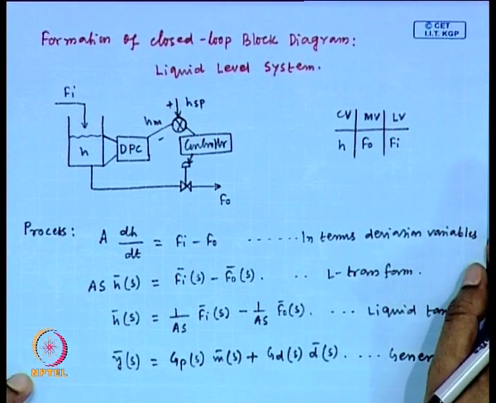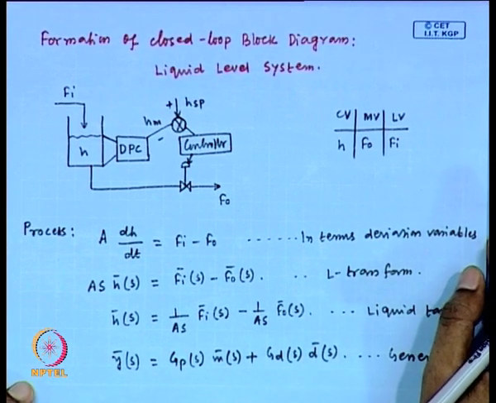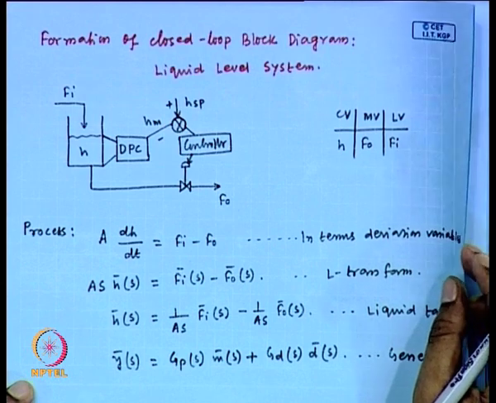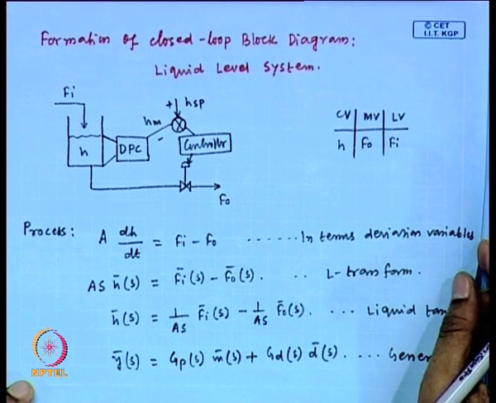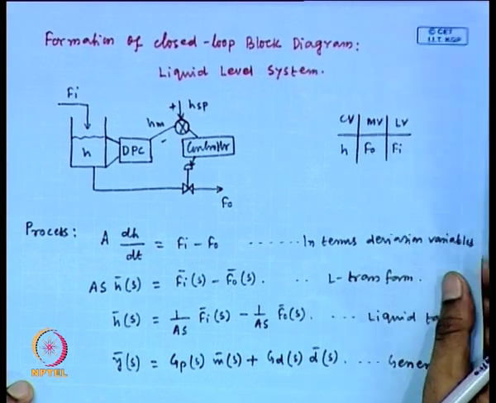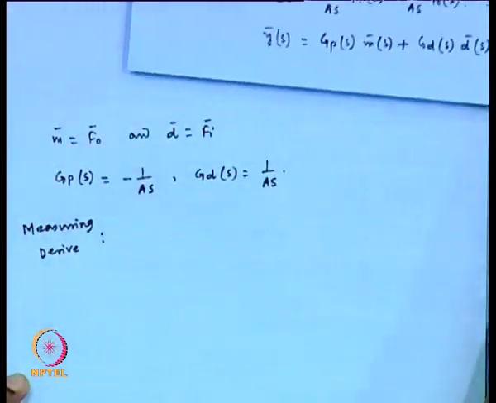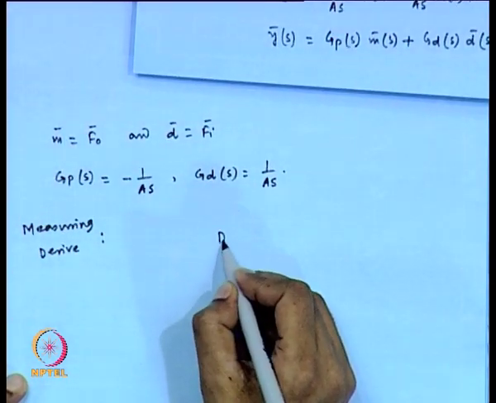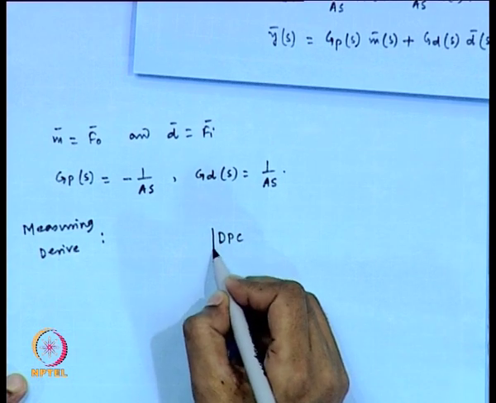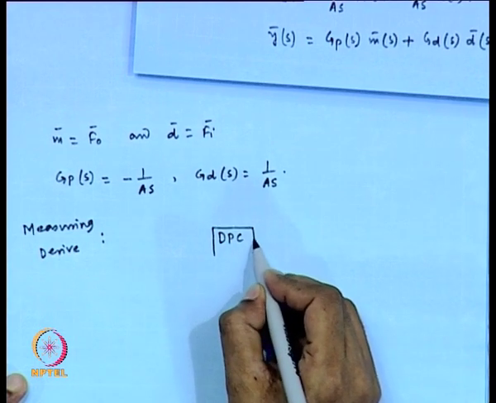So, here the measuring device is the differential pressure cell. We need to find the transfer function of that differential pressure cell. What is the input to this differential pressure cell?